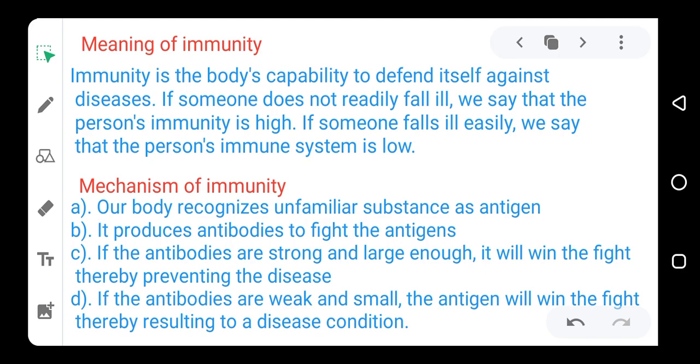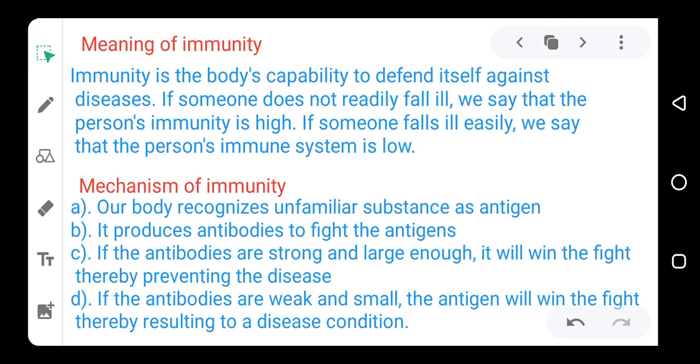Like when you inhale dust, your body will recognize that this dust is not part of its normal composition. So whatever it finds as not being a normal composition of the body, it will begin to trigger a process that will remove that substance from the body.